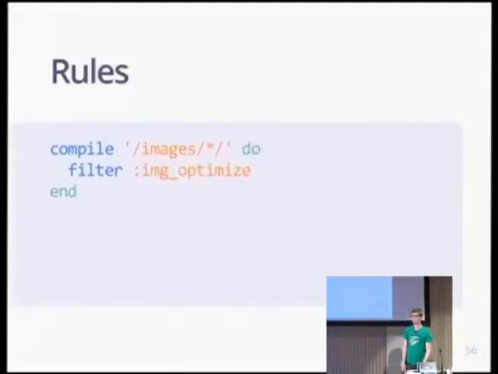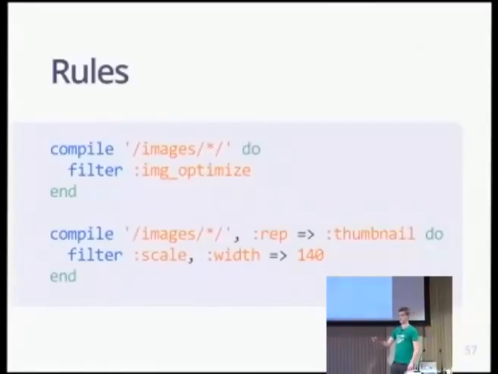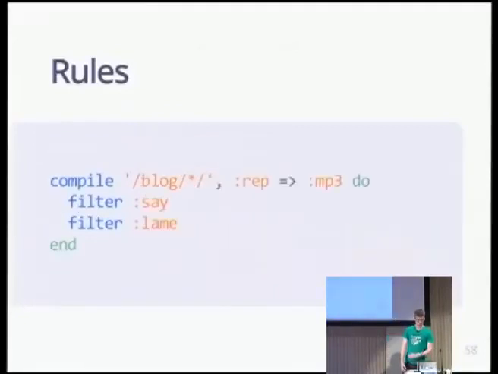And you can also create multiple representations. So for the same item, you're creating another output file, but this time it's a thumbnail. And to get to the thumbnail, you run a scale filter with a width of 140 pixels. And here's another example. You could say, take all my blog articles, and I'm creating a separate output file for MP3s.